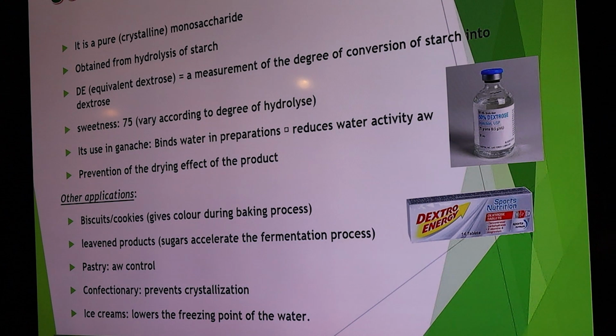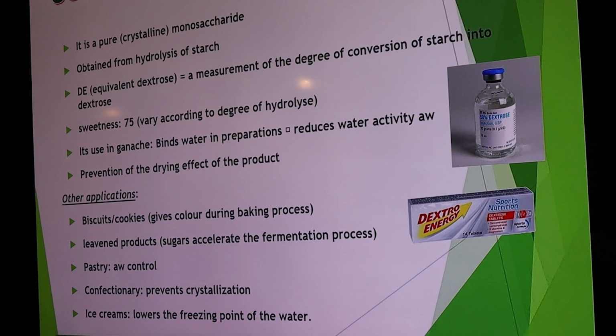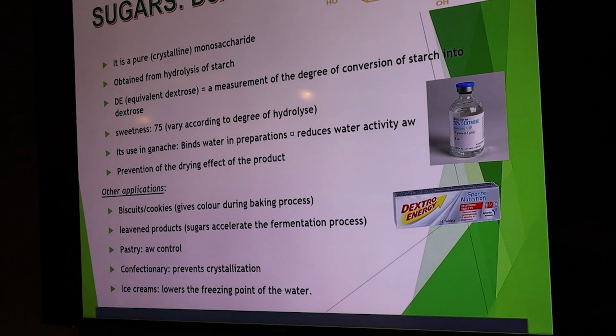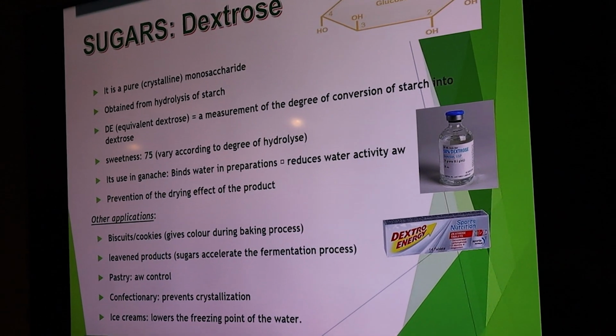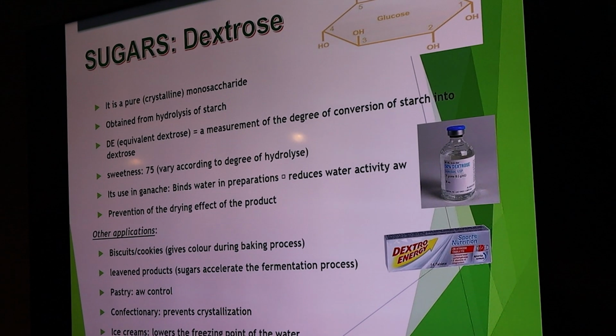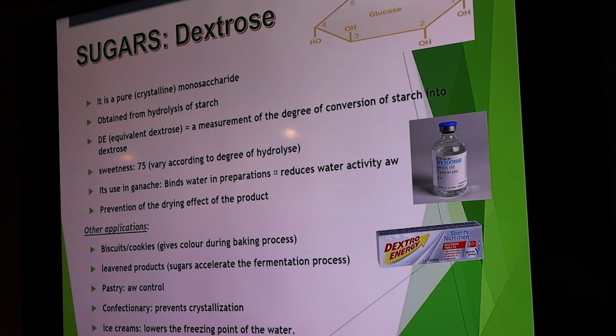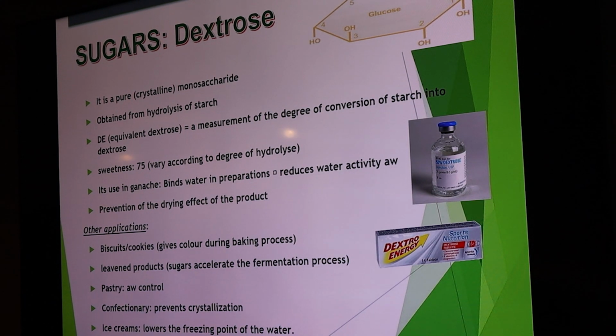This is a monosaccharide, so it's full power when you eat it. That's why when you make power bars for sports people, you use dextrose as an energizer, because you get full value when you eat those kinds of sugars.